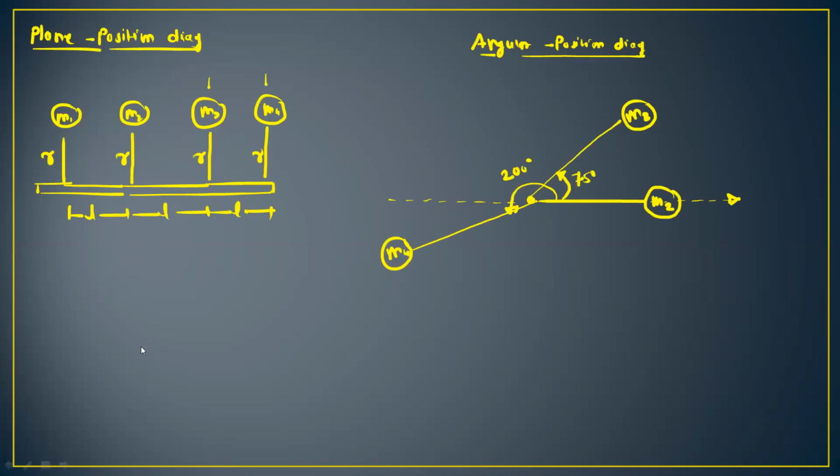Now prepare the table. So the first column is the plane. Then take mass, its radius, then centrifugal force.